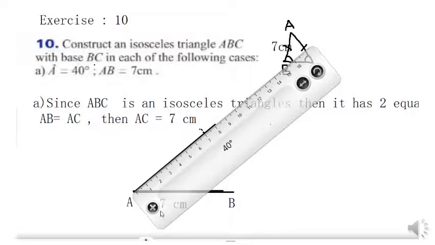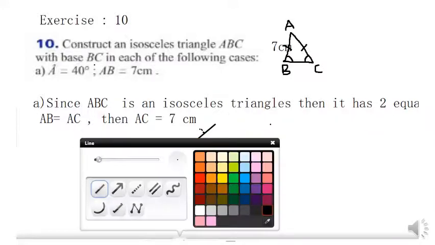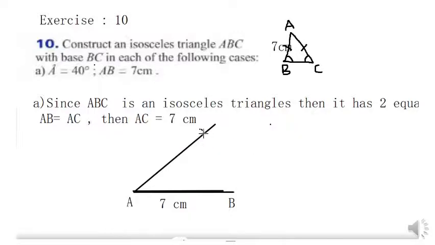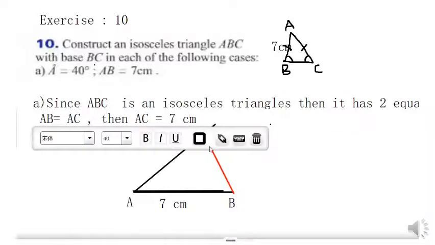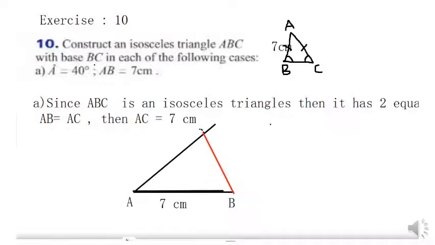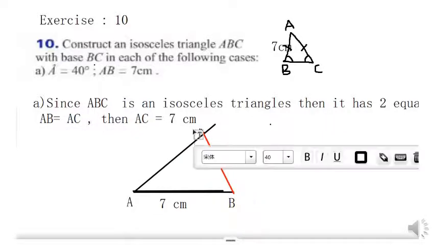Like this. And now I can join the point of intersection, which is the vertex. What is the vertex? C. So now I can get triangle ABC.